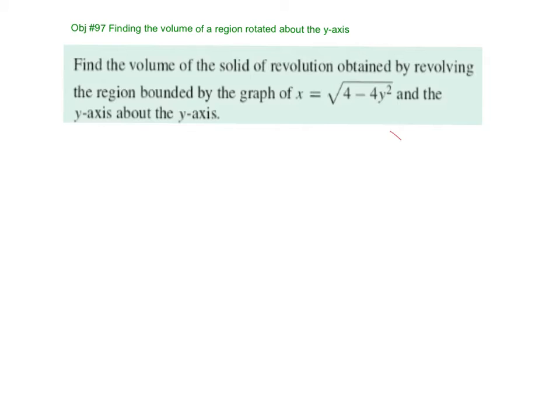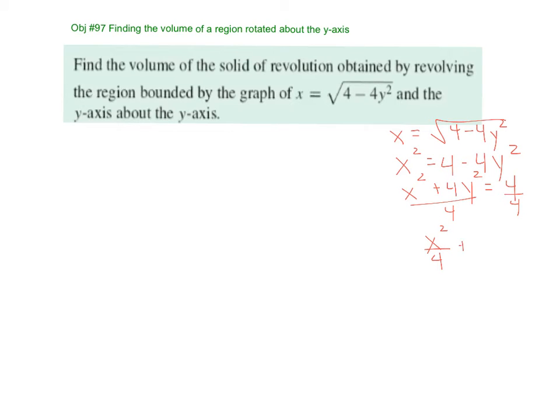So if I have x equals the square root of 4 minus 4y squared, then x squared equals 4 minus 4y squared, x squared plus 4y squared equals 4. So do you know what that looks like? Divide by 4. That's x squared over 4 plus y squared equals 1.